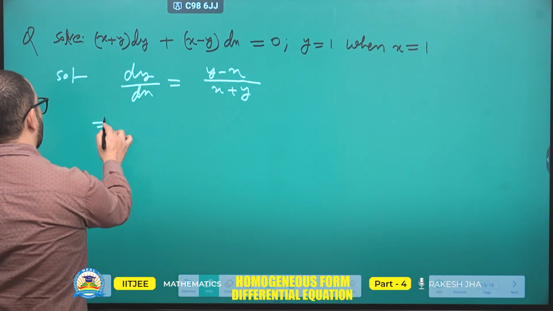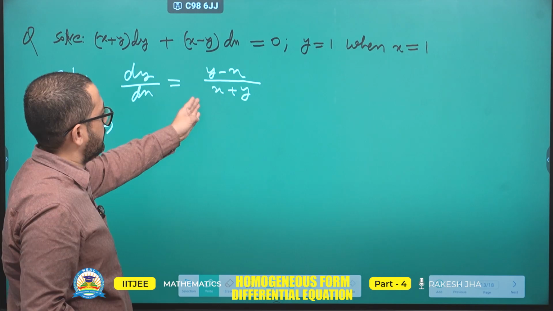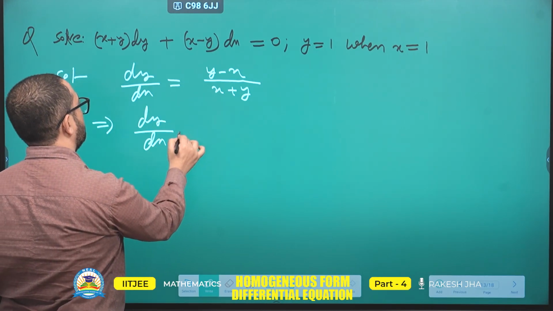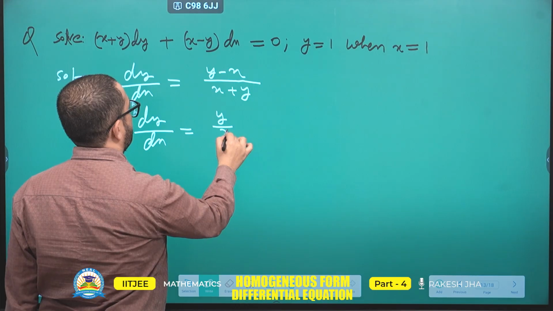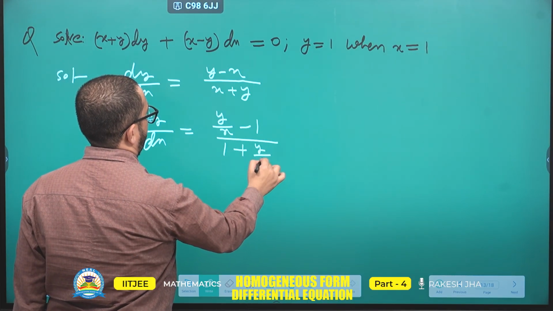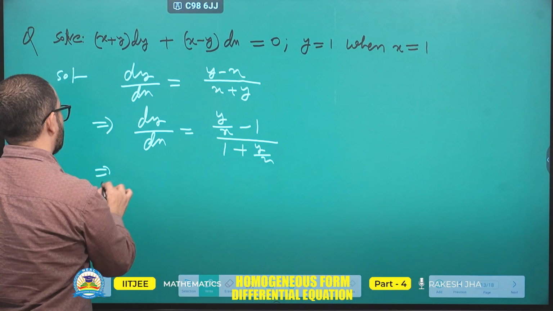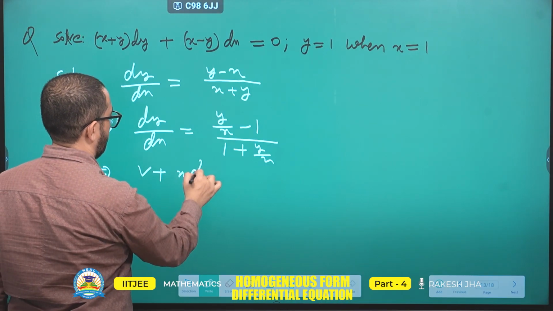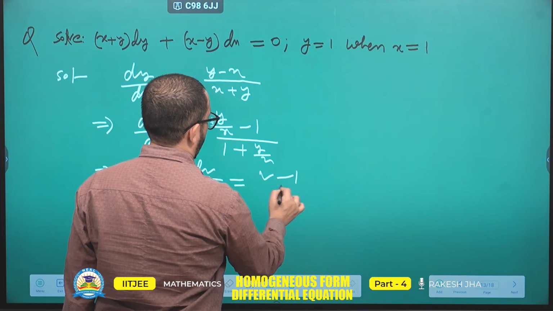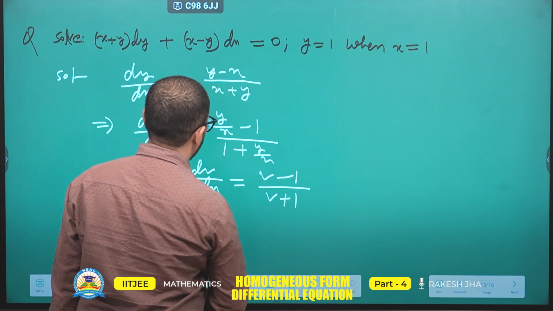So the next step would be to neutralize this so that it will be in homogeneous form. So dy by dx is equal to y by x minus 1 upon 1 plus y by x. Next step will be v plus x dv by dx is equal to v minus 1 upon v plus 1.